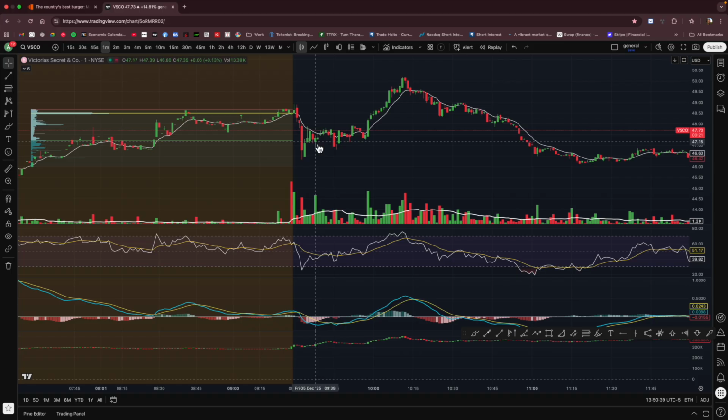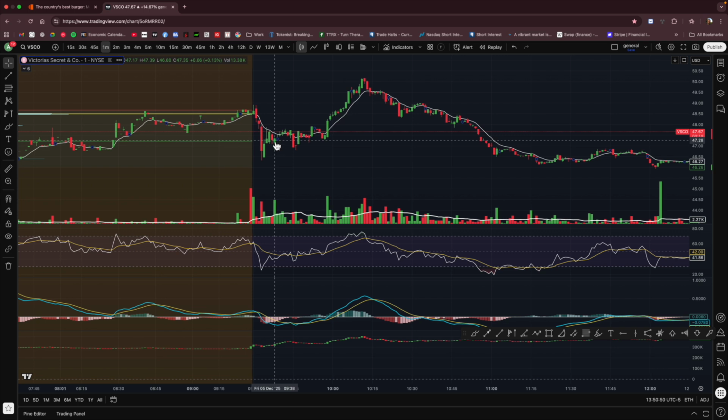So if you were to get in around 447.50, somewhere around this level, that would be quite good. You can see that there's a lot of interest here. Volume is quite a useful indicator.